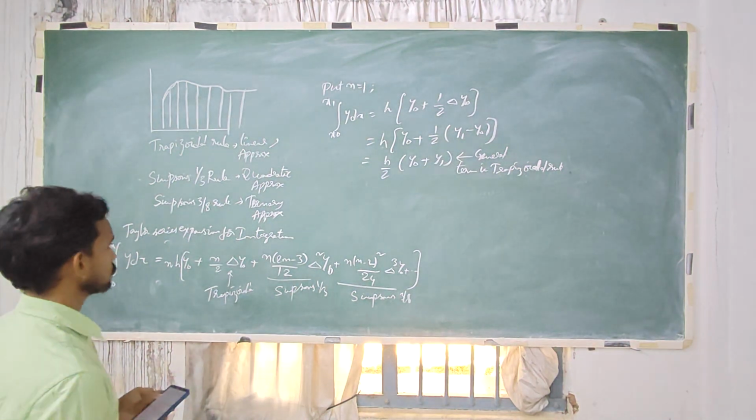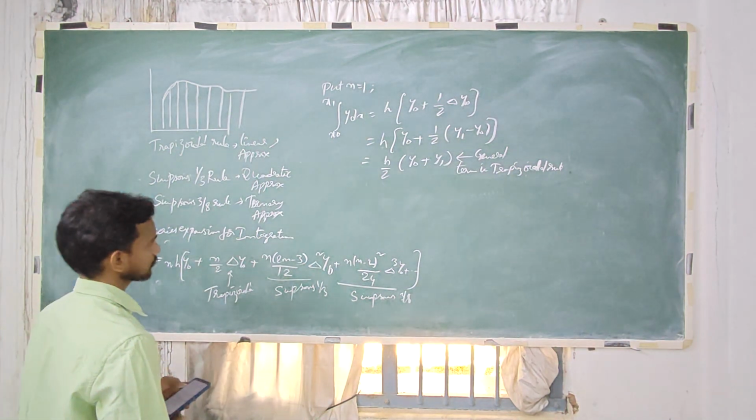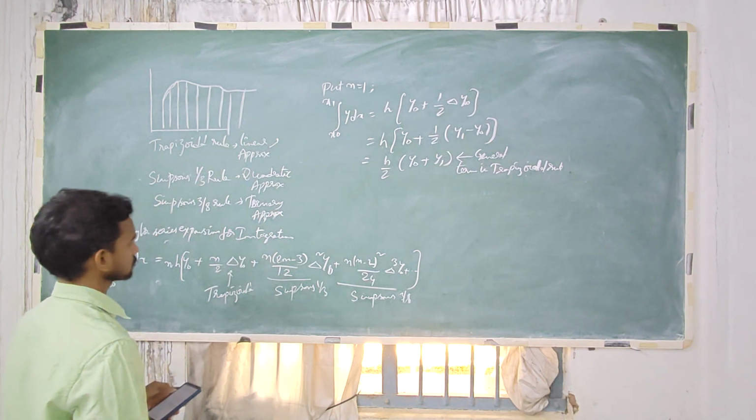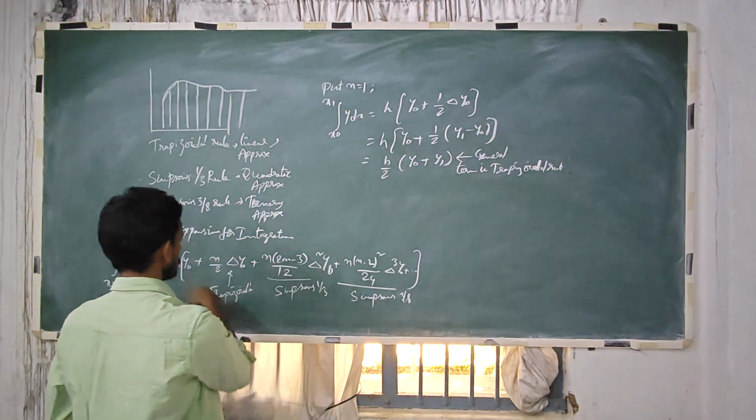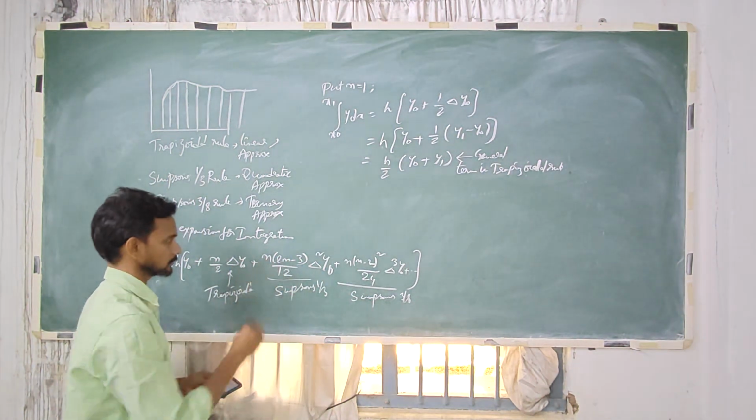And if you put n is equal to 2, this term will become 0. You will be left with only these two terms.